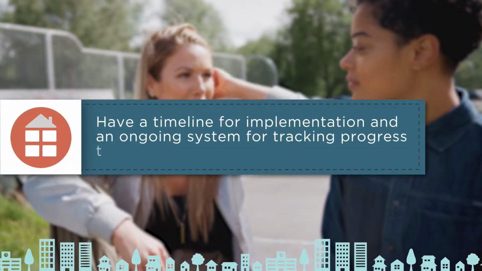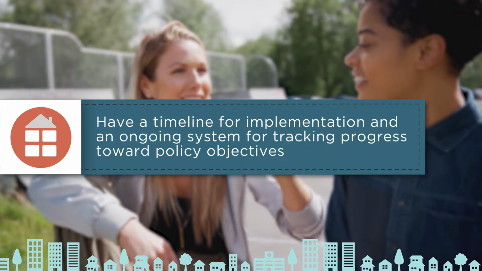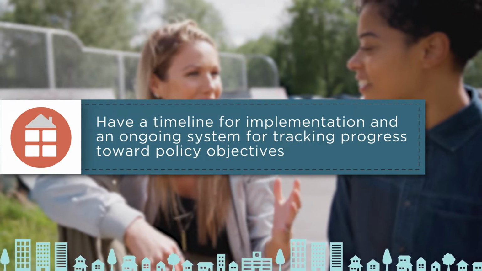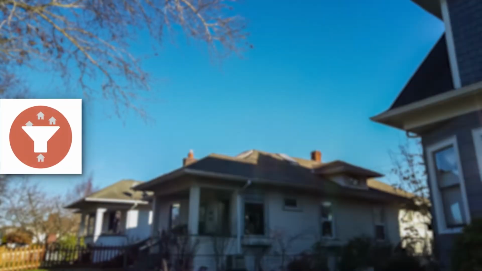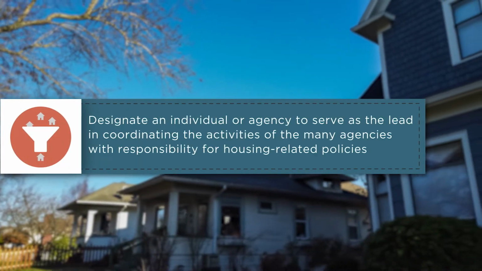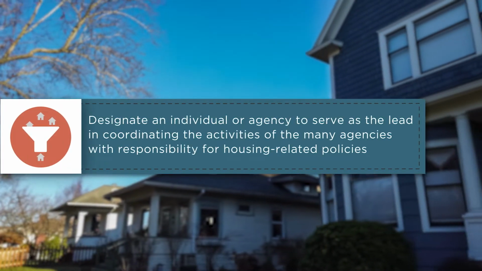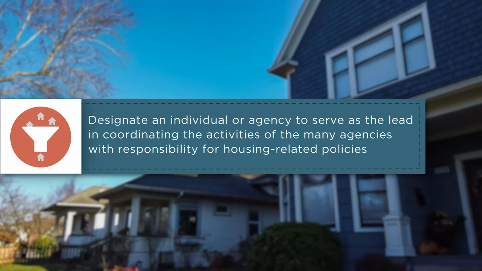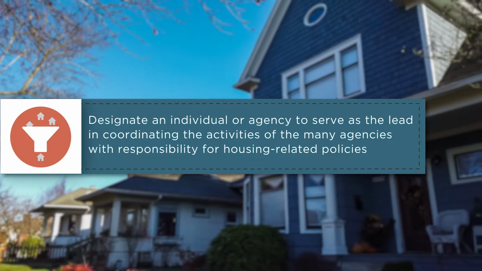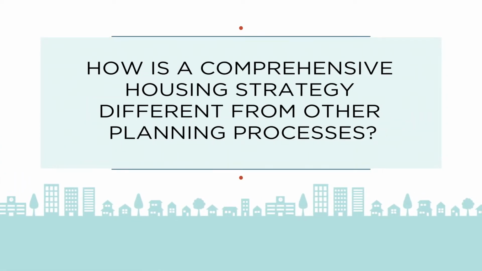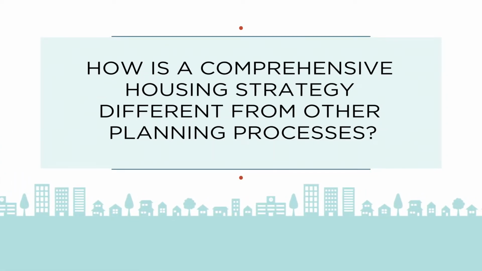Have a timeline for implementation and an ongoing system for tracking progress toward policy objectives. Designate an individual or agency to serve as the lead in coordinating the activities of the many agencies with responsibility for housing-related policies.